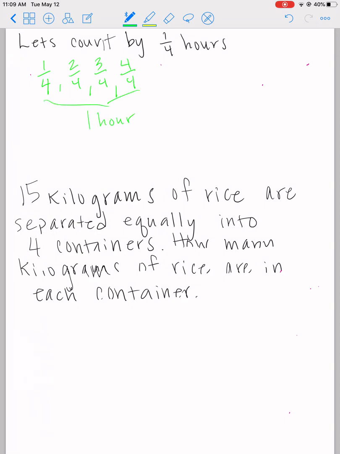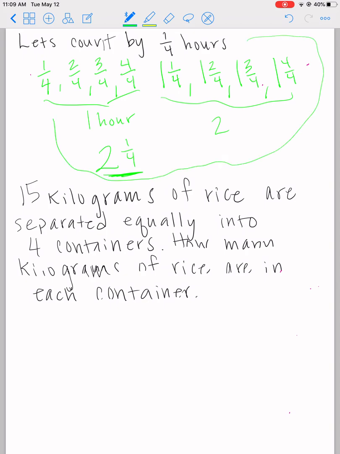Now, if we kept counting, we would get 1 hour and 1/4, 1 hour and 2/4, 1 hour and 3/4, 1 hour and 4/4, which means now you're to hour 2. Then if you were continuing, you'd be on 2 hours and a quarter, which means you're not all the way to 3, but you're getting there. Okay, so that's if we're counting by fractions.